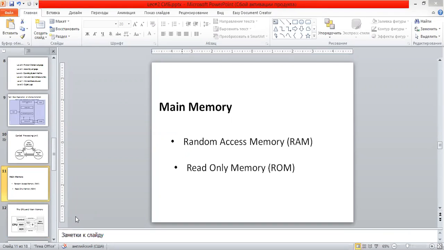So, main memory, a storage device for preserving binary data and instructions. Memory is divided into units or words. Each is usually a standard size of fixed length. Each memory word has a unique address for random access.